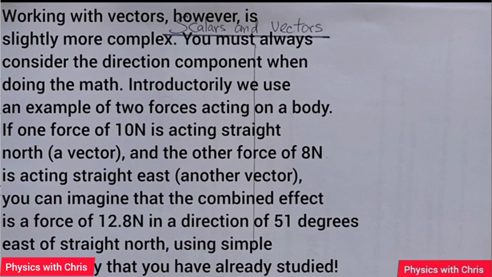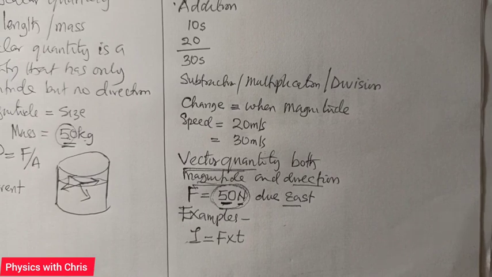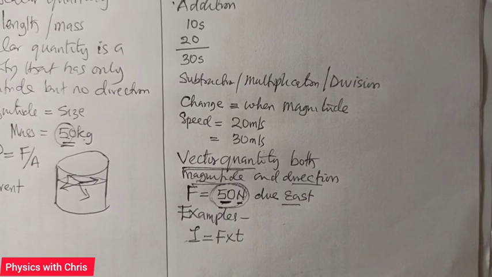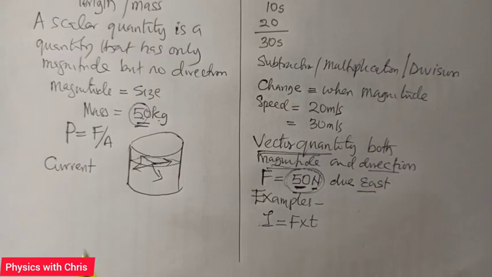The result of combining two vectors is called the resultant vector. So we need some other means of combining vectors, which I will call a geometric, vectorial method. In the next video I will show you how to compute two or more vector quantities.